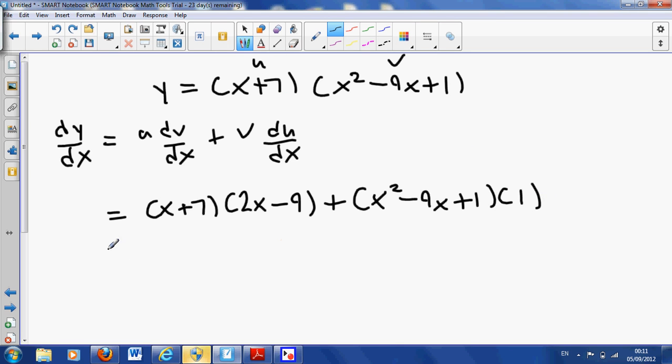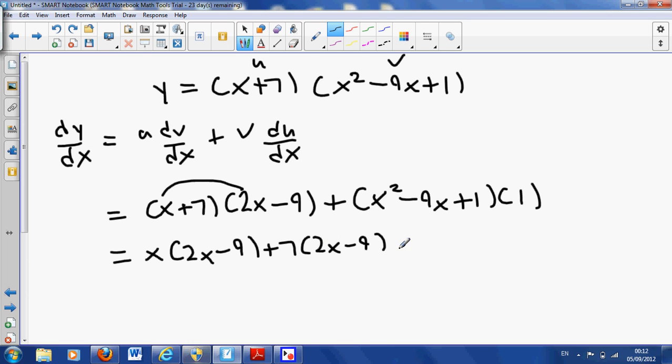Okay? Then we're going to multiply them out. Remember, first number, second bracket. Plus 7 into 2x minus 9, plus x squared minus 9x plus 1.